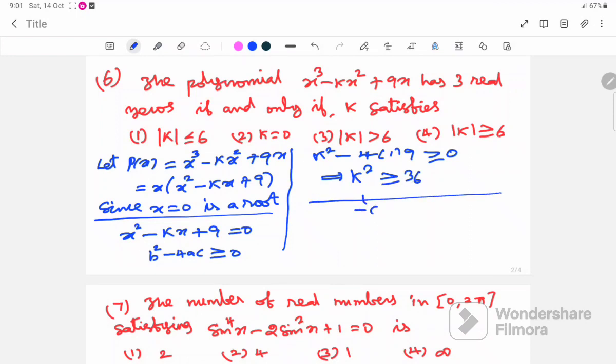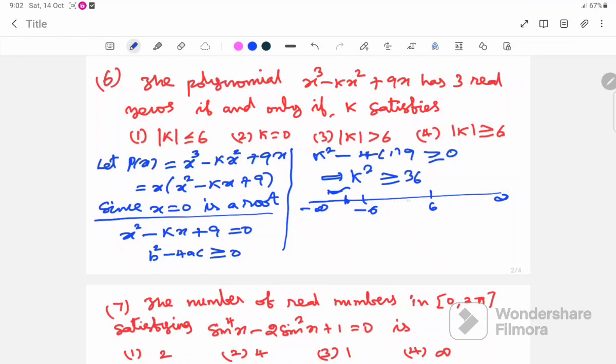You just see minus 6, plus infinity, minus infinity. It means you may take any value before minus 6, by chance minus 7. Minus 7 will satisfy this inequality because 49 will come. If k is replaced by minus 7, then it will be 49. 49 is more than 36, so here it gets satisfied.